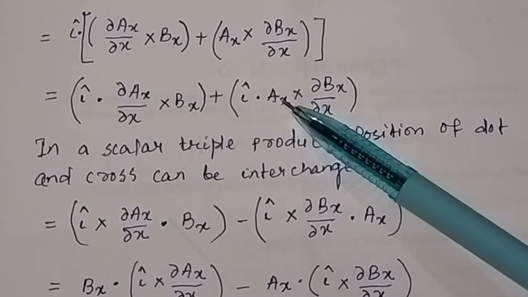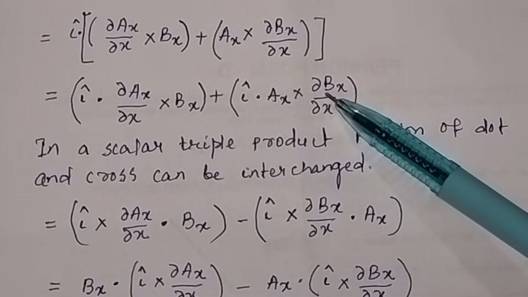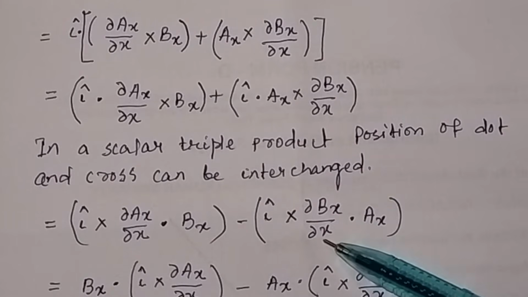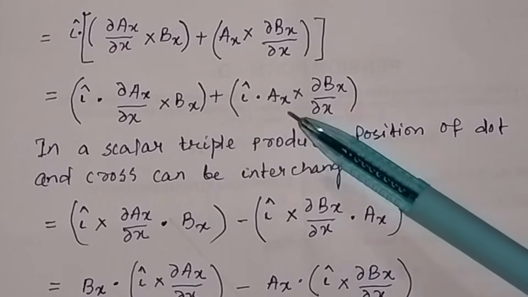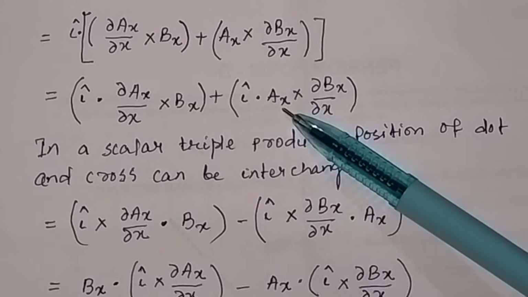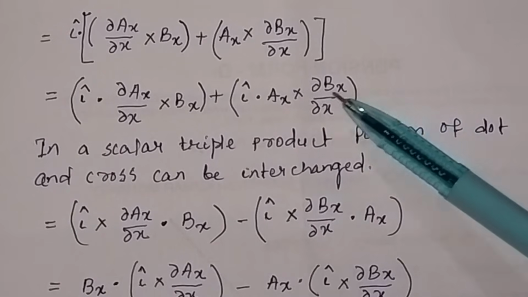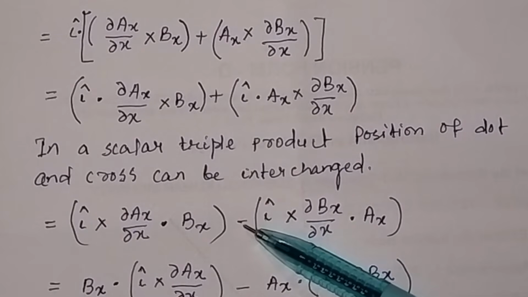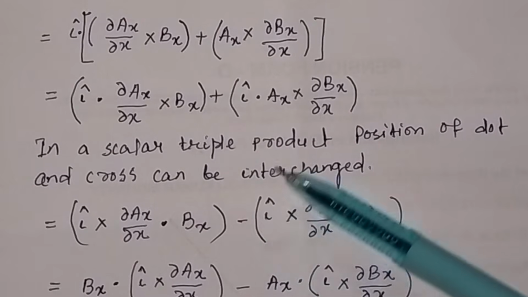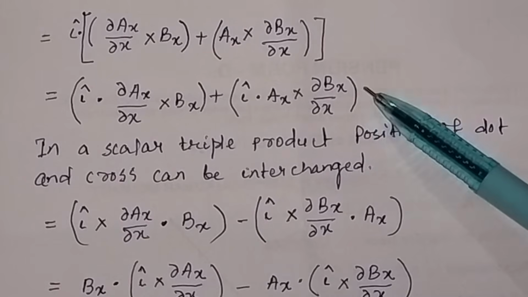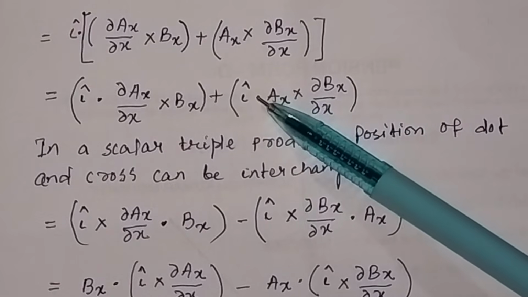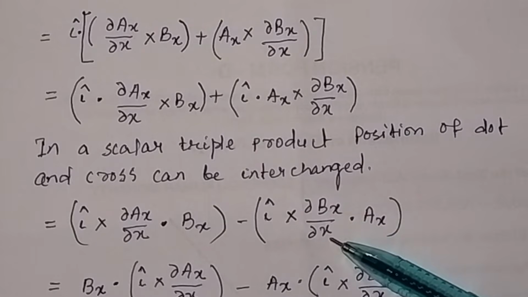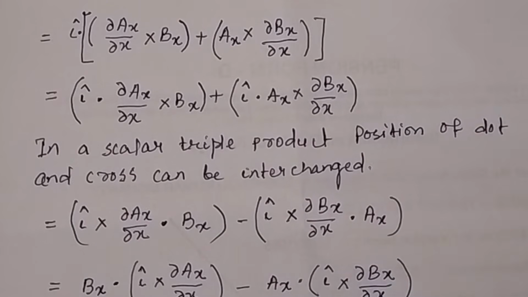For the second term, A cross B is equal to minus B cross A, so writing partial derivative of Bx with respect to x first, we get minus i cap cross partial derivative of Bx with respect to x dot Ax.